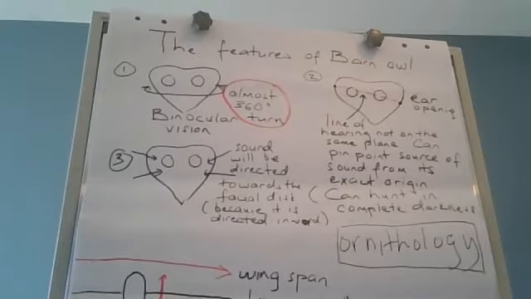So we will cover some of the features of the Ban-Aul, which we have discussed yesterday, as one of the most effective natural predators of rats.